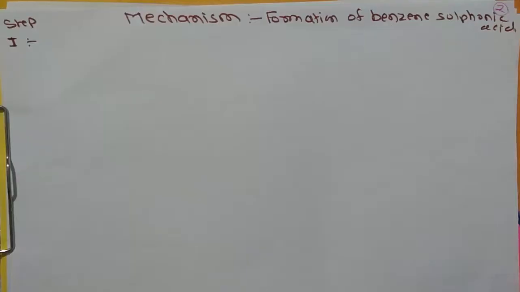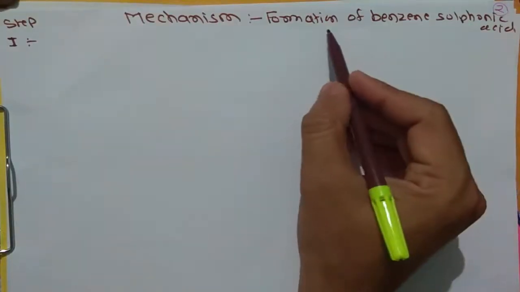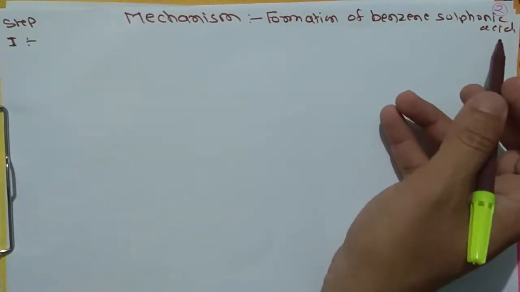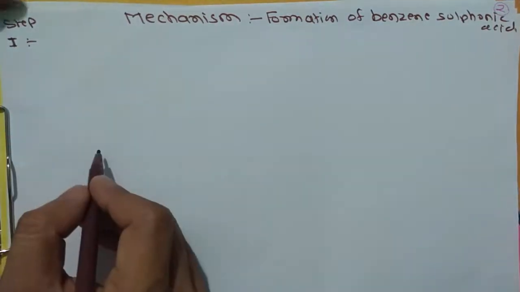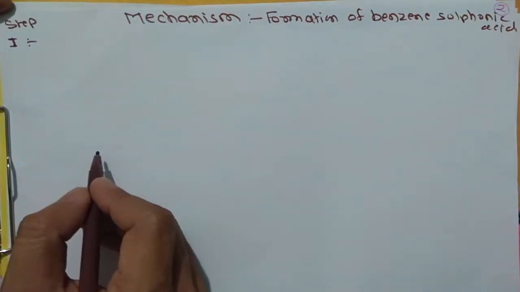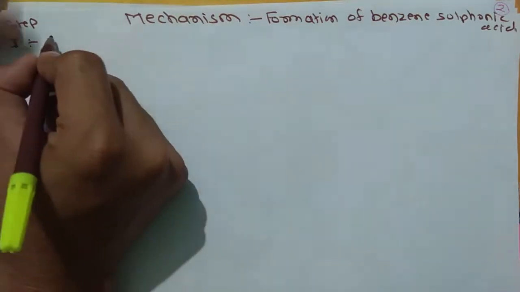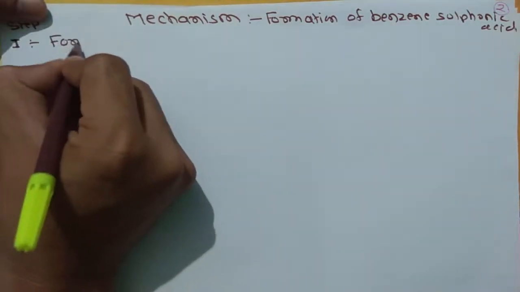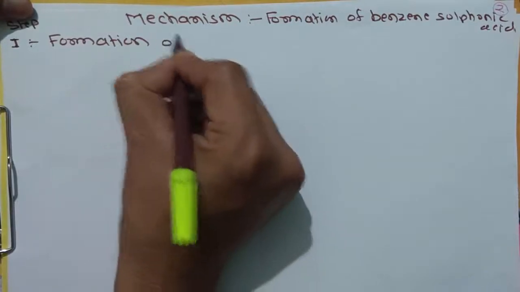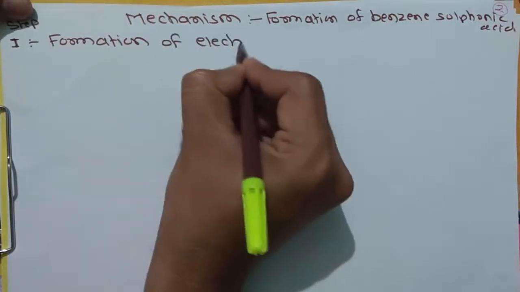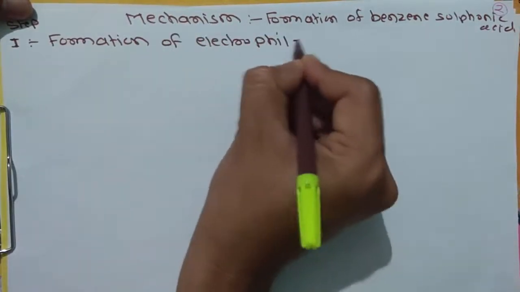We can see the mechanism of formation of benzene sulfonic acid from benzene. We know that in every mechanism of electrophilic substitution reactions, the first step is always the formation of the electrophile.